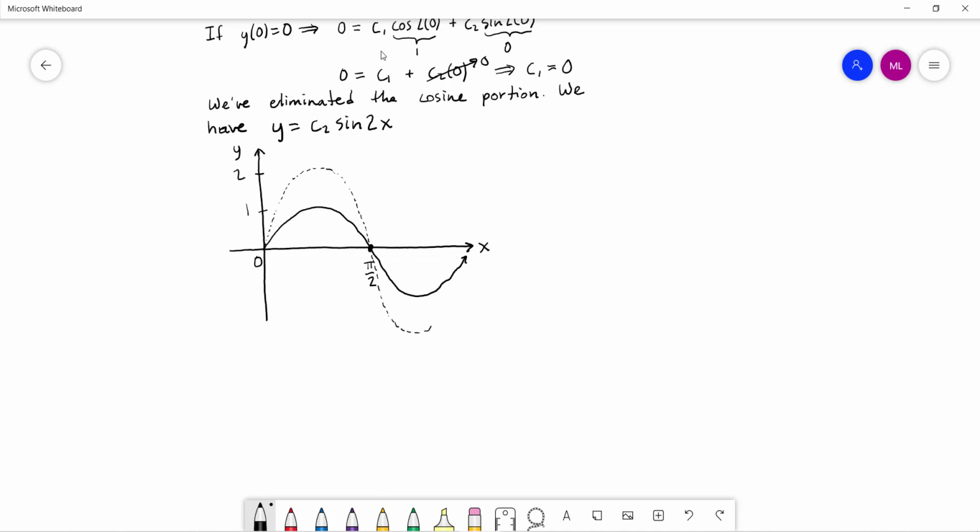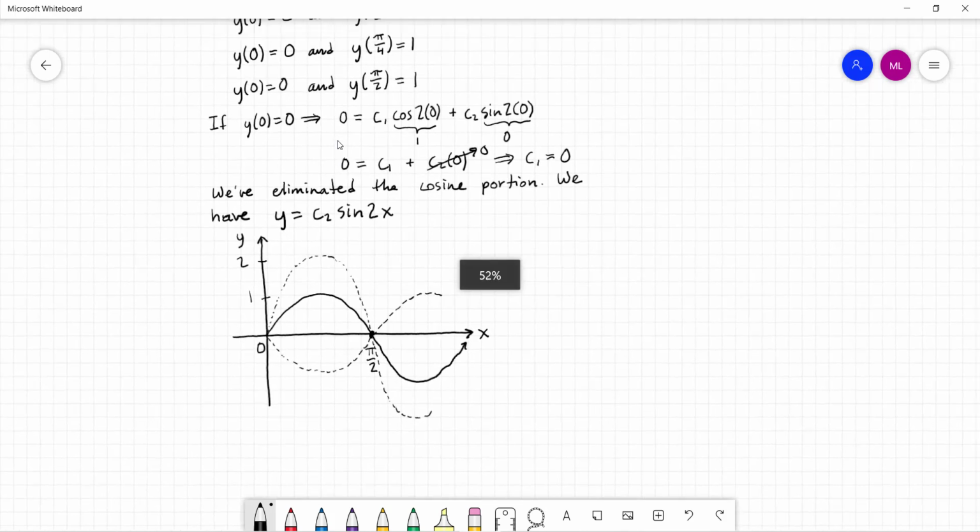It could be negative, and it could come down here somewhere before continuing on. If C2 is negative, then our sine function would just be flipped upside down. So in all of these cases, the sine function goes through the point x equals pi over 2 and an amplitude of 0, regardless of what the leading coefficient C2 is.